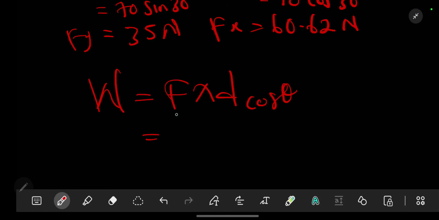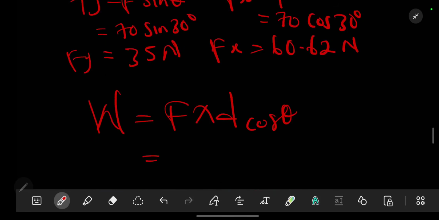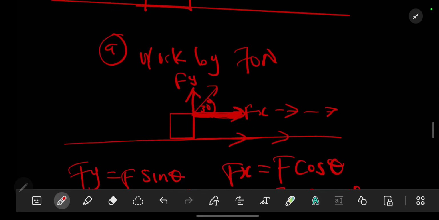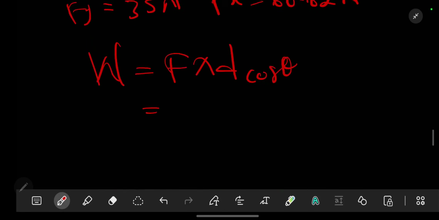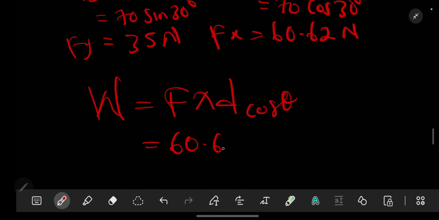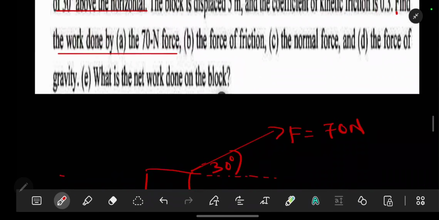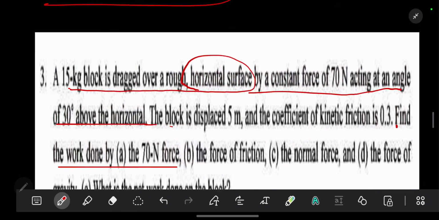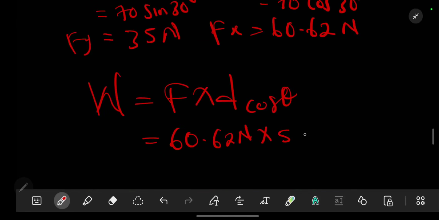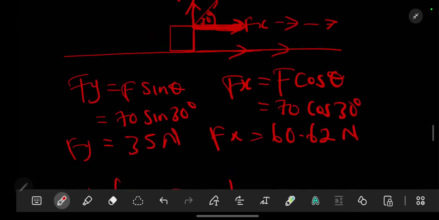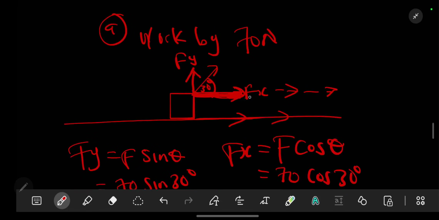So if we are looking at the work produced by the 70 newtons, it is only the x-axis. So we are going to use the 60.62 newtons times the distance moved. We are told that it moved 5 meters. So we are going to multiply the 5 with the cosine of the angle between the x-axis and the horizontal surface.